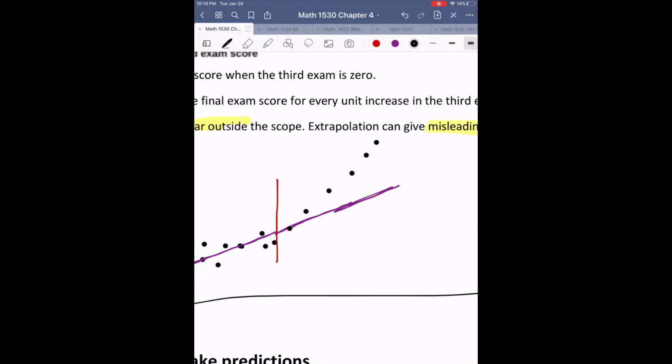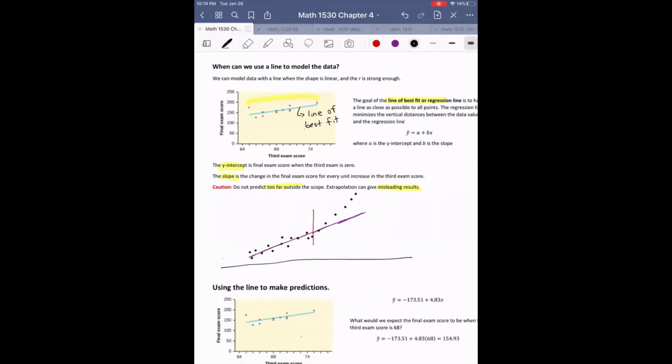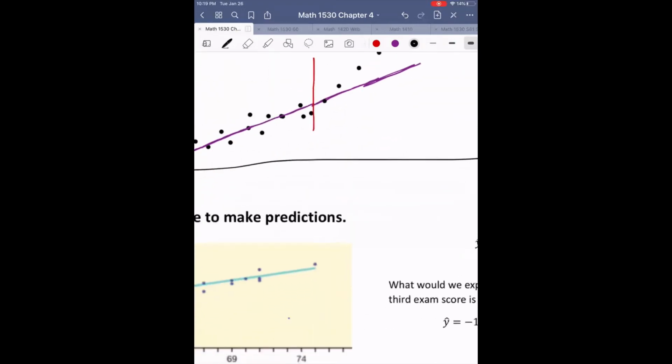That would change how you predict values. So just be careful. Don't go too far in the future. You can get in trouble if you do that. But as long as you're predicting inside your scope, you'll be good.